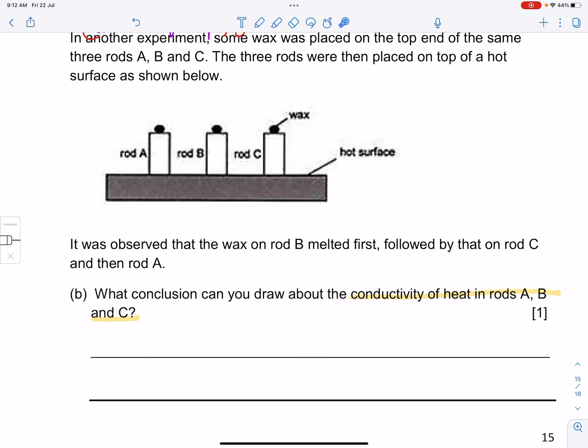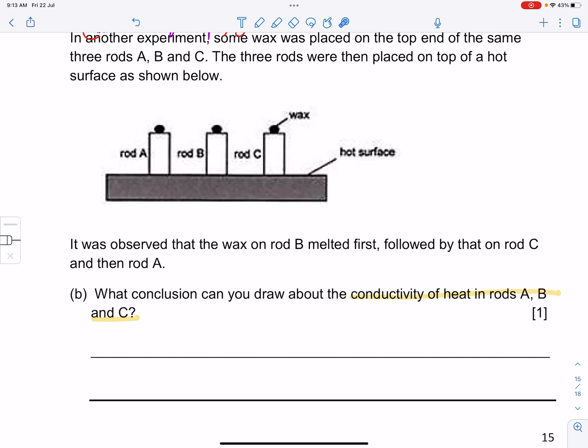So you have to talk about all three. Now, because there are only three, you only have to talk about two. Since B melted first, B would be the best heat conductor. And we know that A was the last, so it is the poorest conductor. So we just have to talk about these two. Then the examiner will understand that since the best was B and the worst was A, C must be in between.